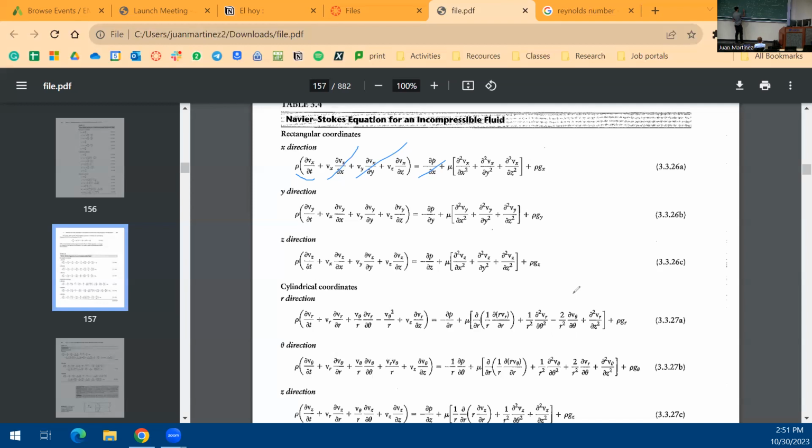Below 2100 is laminar, above 4000 is turbulent, and in between is the transition. Depending on the liquid, you can get closer to 4000 before getting turbulent, or be just about 2100 and turbulent. So it depends. Okay, that's Reynolds in a nutshell.